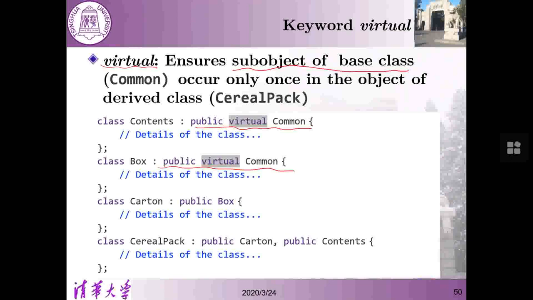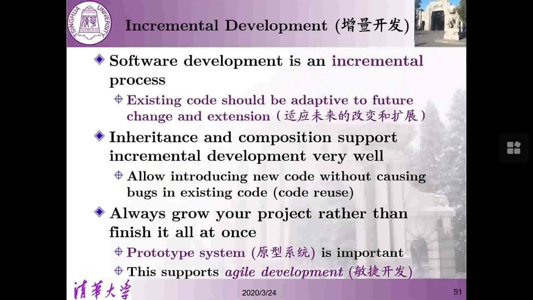Because this is the derived class, it has two common classes as the base class. Because they have virtual, only one copy of the base class object will be inherited into this class. Okay, so this is multiple inheritance.